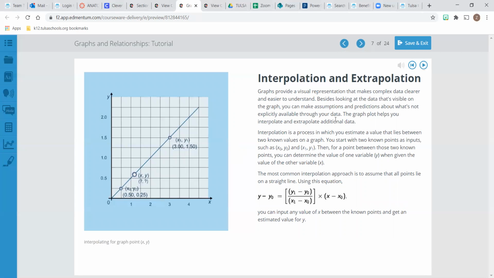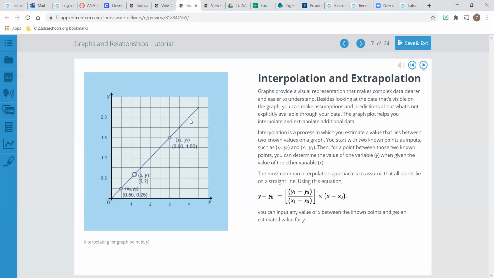Interpolation, extrapolation. Interpolation, you can estimate a value that lies between two known values. So say you already know this point and you already know this point, and you want to know something in between. You're going to have to interpolate because it's in between two things you already know.